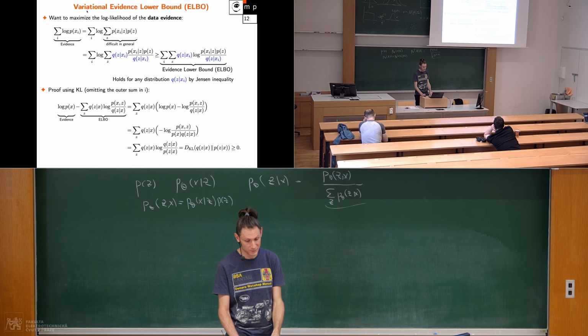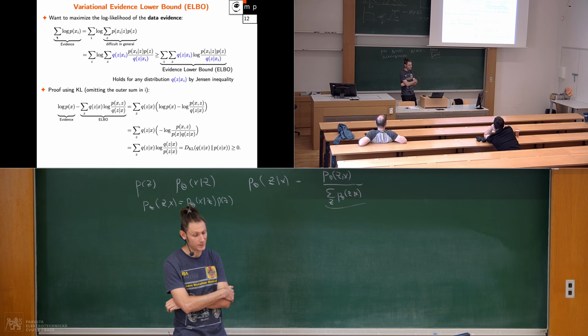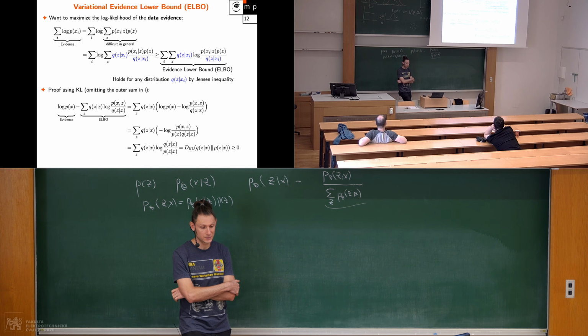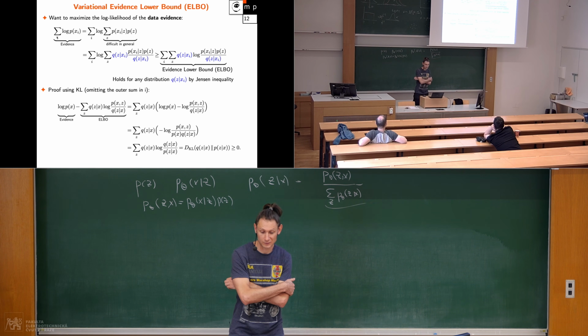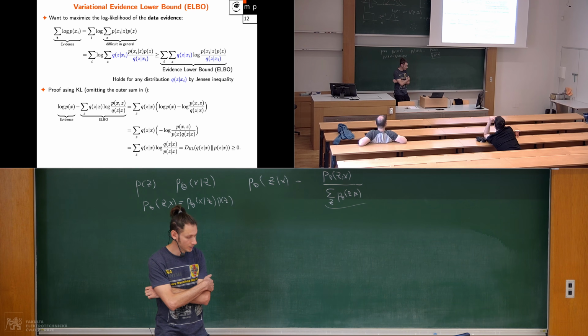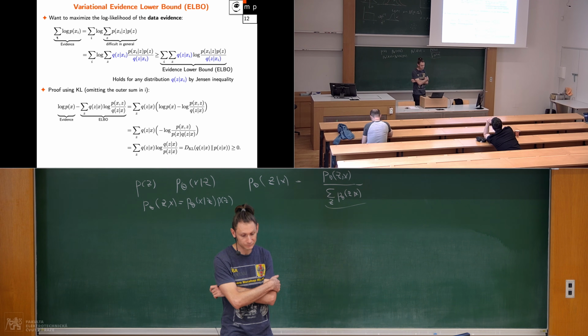So suppose this is our data evidence, the log likelihood of all our training data indexed by i. This is what we want to maximize. You could maximize the likelihood of observed data, which would correspond to the forward Kullback-Leibler divergence from the model to the data distribution. But now this P of X is complex, right?